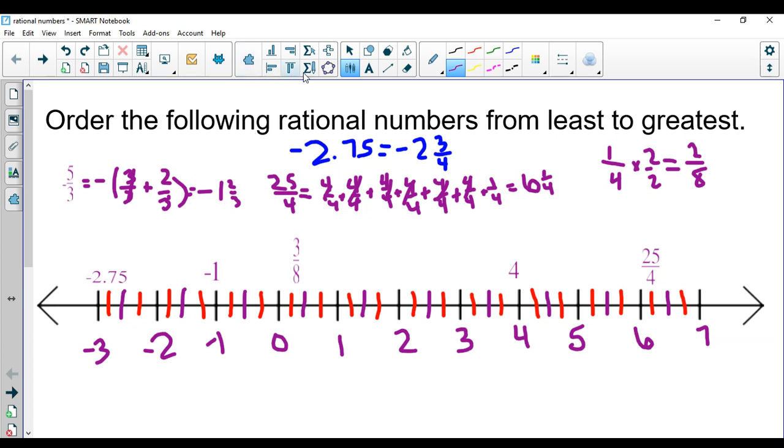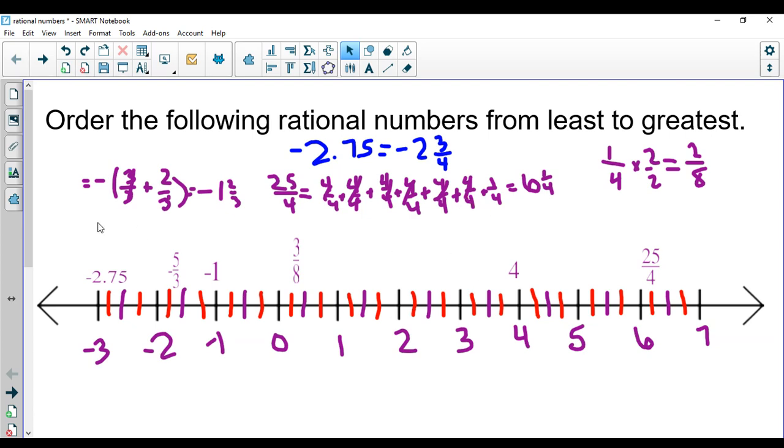So this is the same as -1 2/3. Now my number line isn't broken up into thirds, but I know that 1/3 is going to be in between 1/4 and 1/2, and 2/3 is going to be in between 1/2 and 3/4. So -1 2/3 is going to be about there.